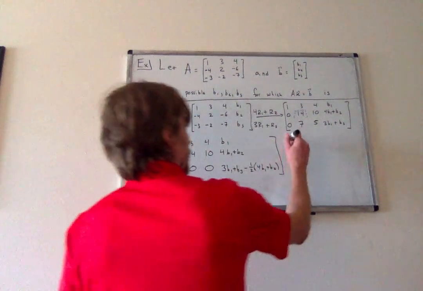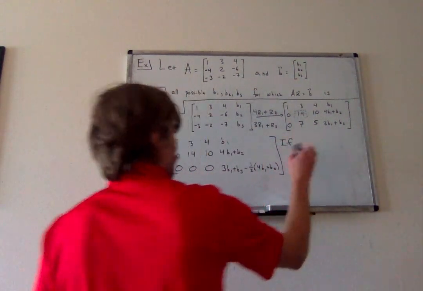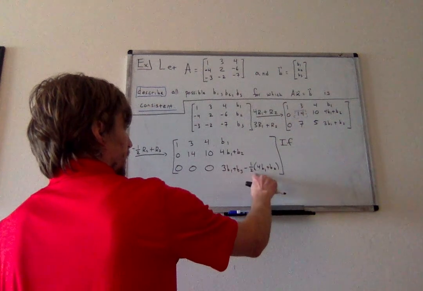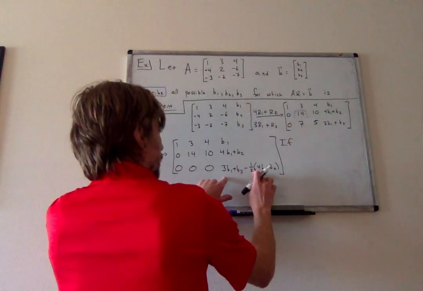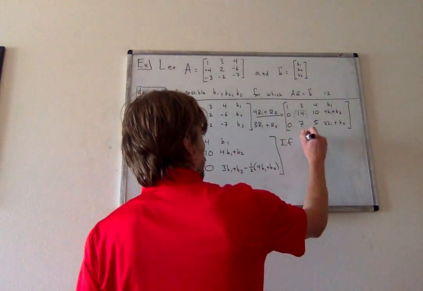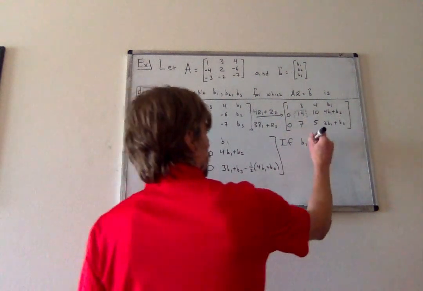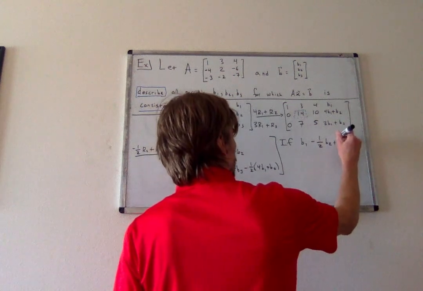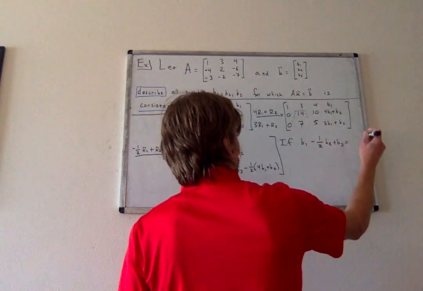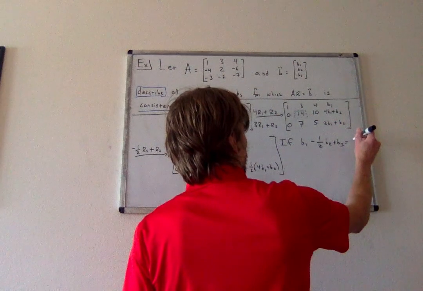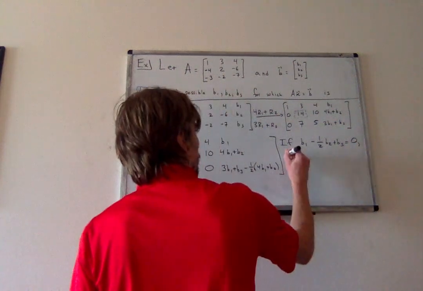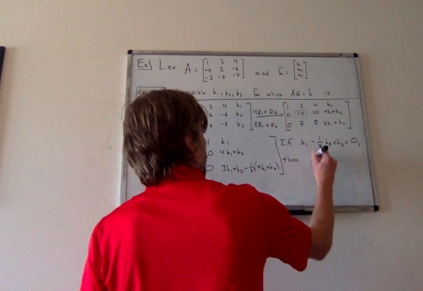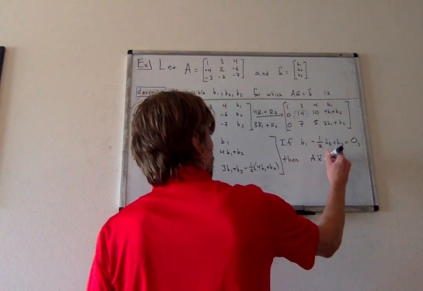So as long as, and I'll do a little bit of reducing here, I can combine like terms. I get 3b1 minus 2b1, so b1 minus 1/2 b2 plus b3 is equal to 0, then Ax equals b is consistent.